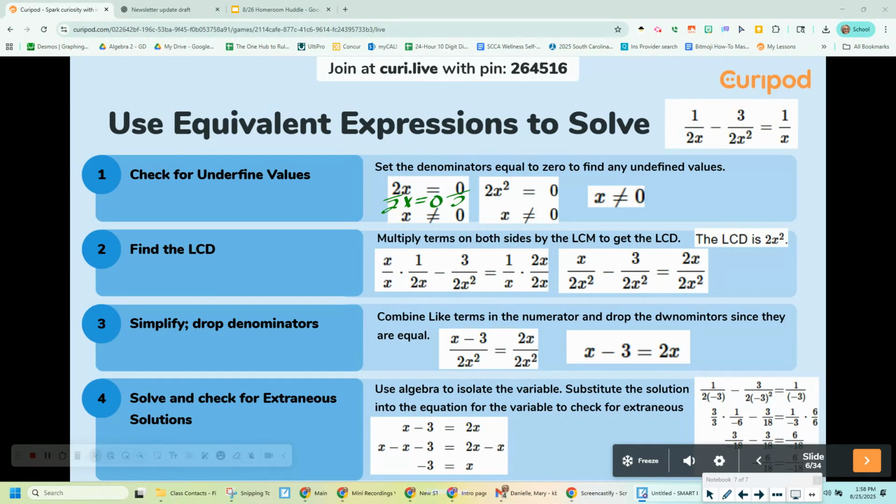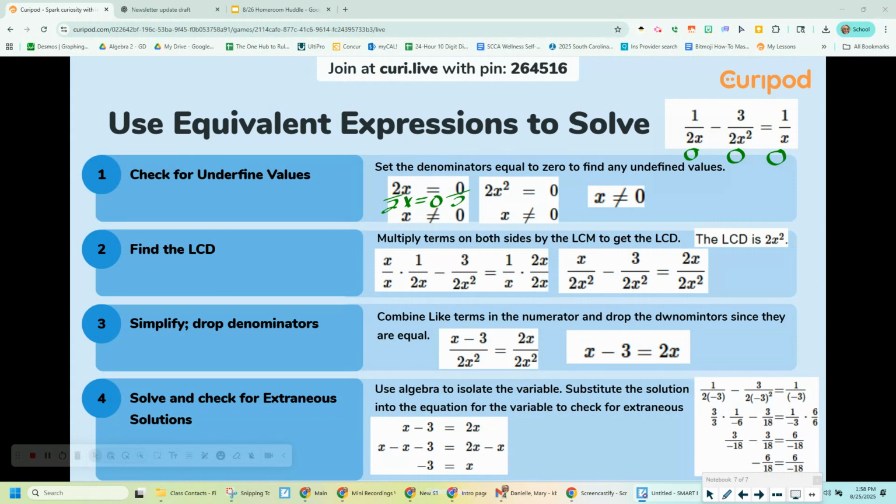Which I do not want, so I cannot have x equal to 0. If I replace x with 0 in any of these denominators, that is going to make my fraction undefined. Okay, so we always want to make sure we solve for any of those undefined values.